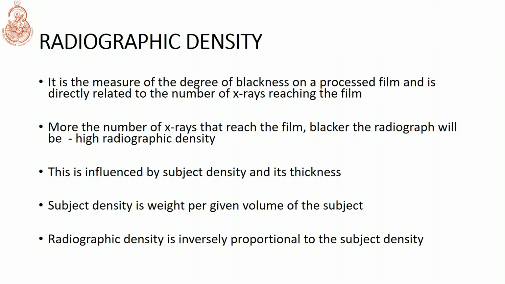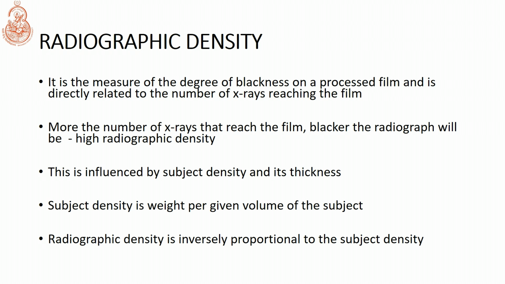So the more X-rays that reach the film, the darker or blacker the radiograph becomes, and such a density will be classified as a high radiographic density. We are going to see the blackness on the radiograph, and it all depends upon the number of X-rays that have reached the film.